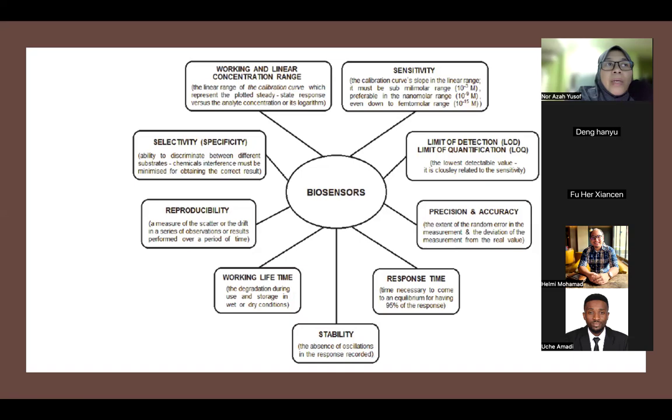Why? If we repeat the replicates or the measurement with the same set of parameters and the same set of conditions, we should be able to get the same result.